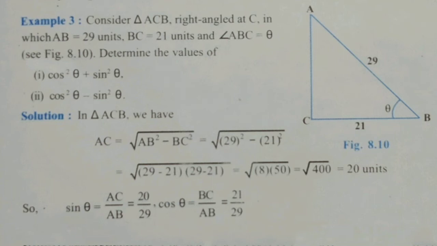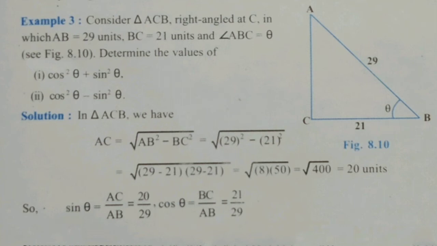Accordingly, AC has been worked out as the root of AB square minus BC square, which finally works out to 20.